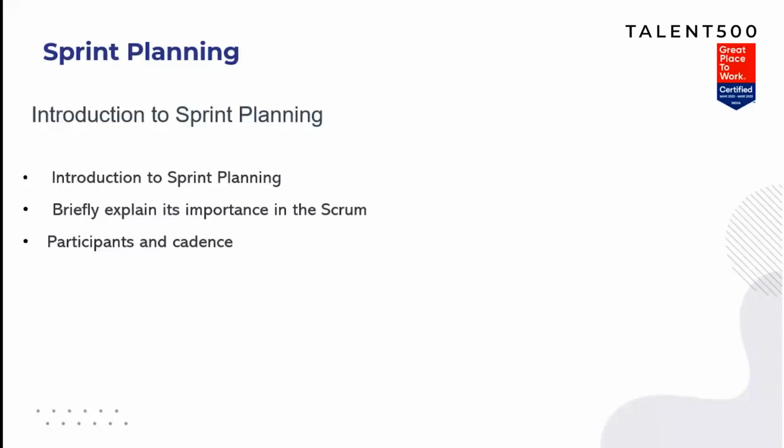Now let's talk about the time duration, cadence, and so on. The Scrum Guide says that for a one-month sprint, sprint planning is timeboxed to a maximum of 8 hours, which means that for a sprint length of one month, the maximum time limit of sprint planning is 8 hours.